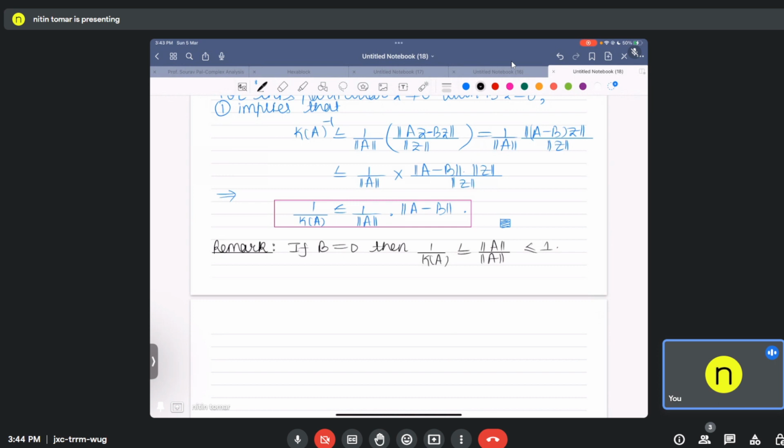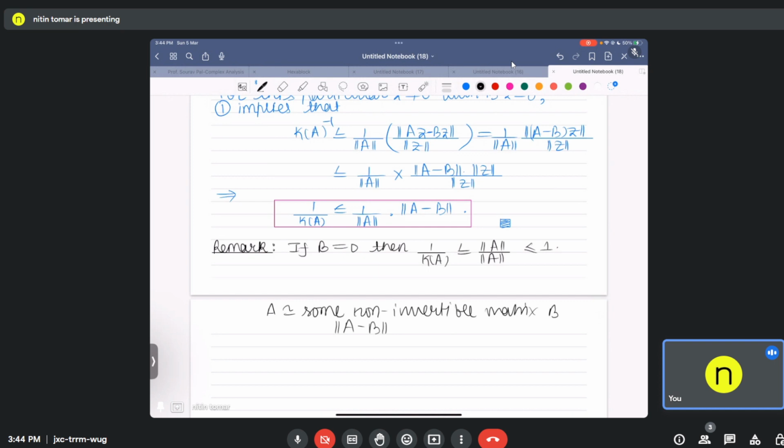Now what does this theorem say geometrically? See, if A is very close to some singular matrix, some non-invertible matrix, say B, then A minus B will be very small, right?